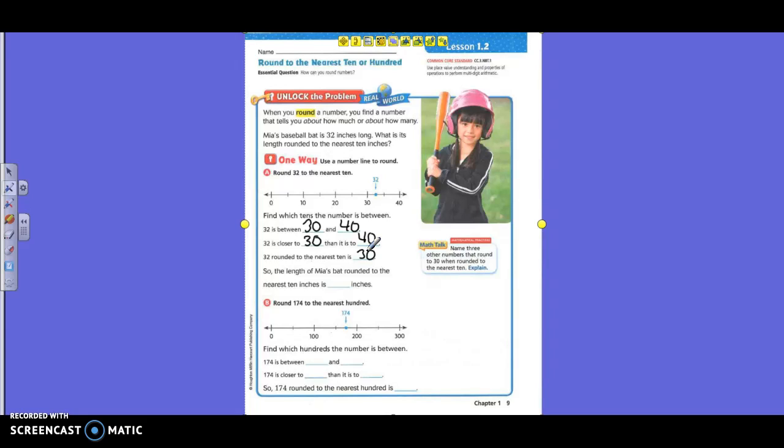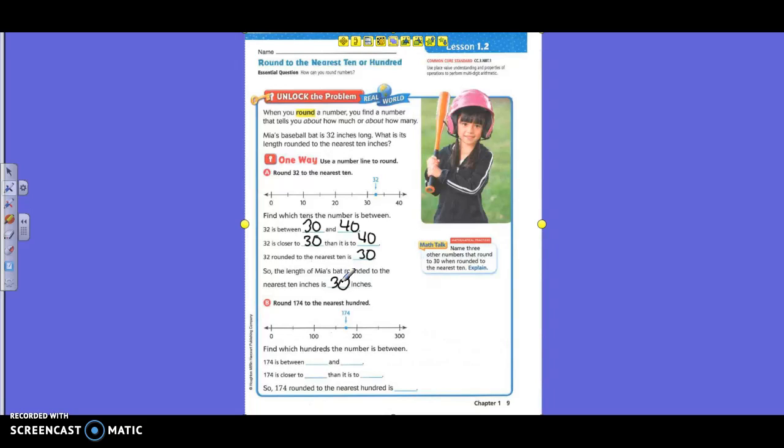So the length of Mia's bat rounded to the nearest 10 is how many inches? 30. Okay. We just rounded to the nearest 10. The next one is going to be rounded to the nearest 100. Okay? Round 174 to the nearest 100.